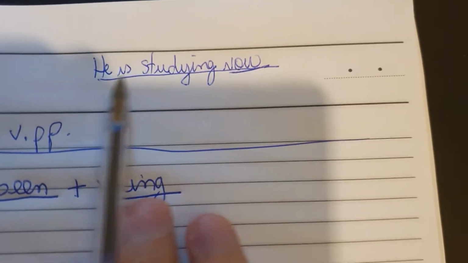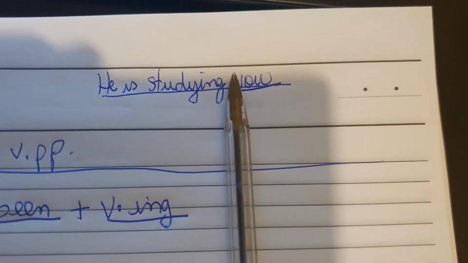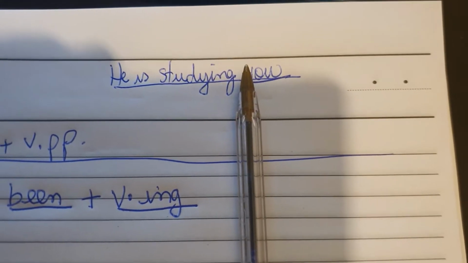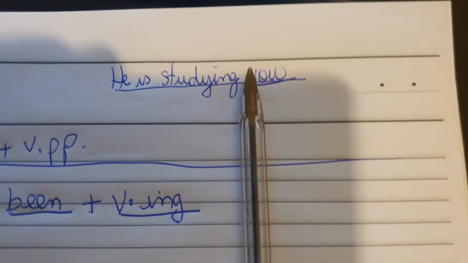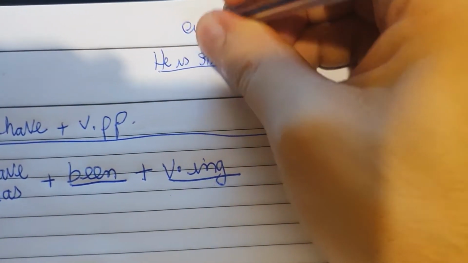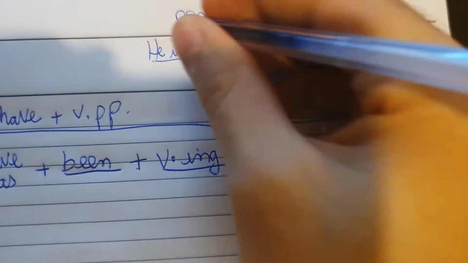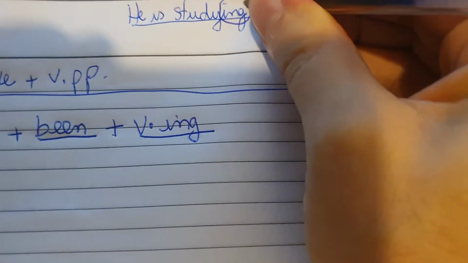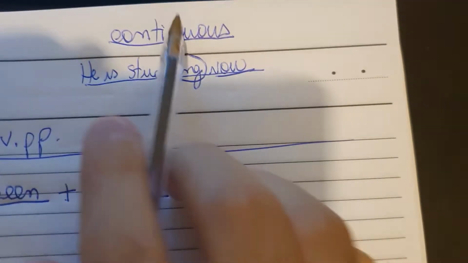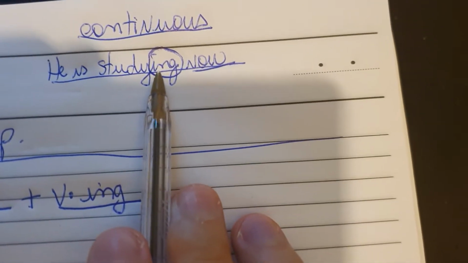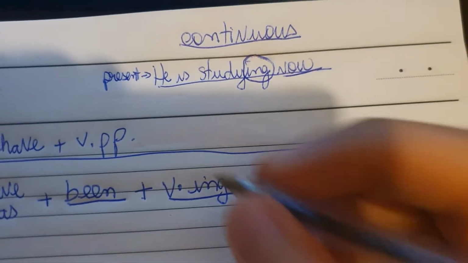There are other situations as well, but you may see the details by looking back at previous videos on present continuous. What I want to emphasize is that the continuous tense mainly involves the main verb followed by ing, right? The present continuous has this configuration, and the past continuous as well.